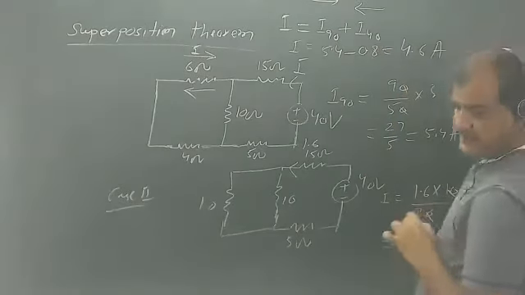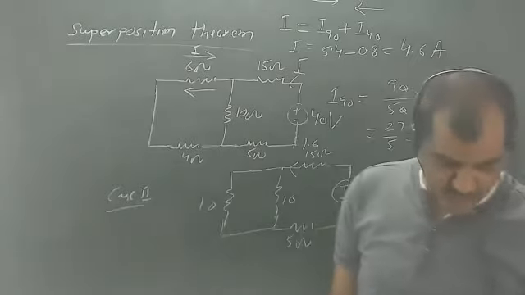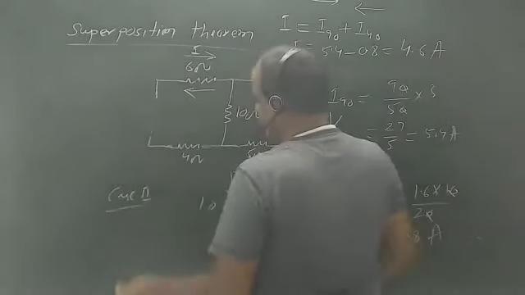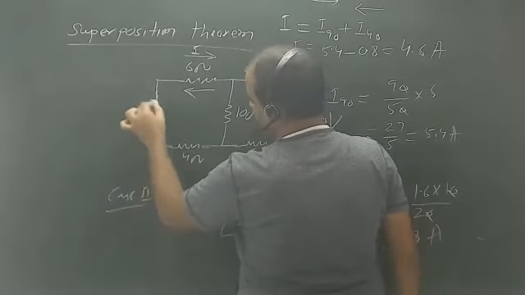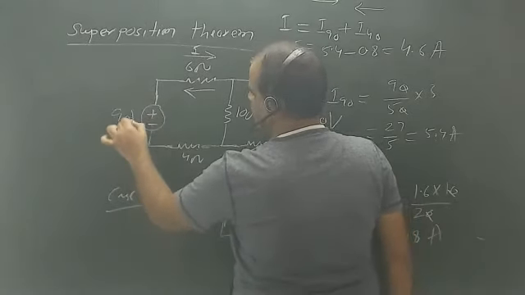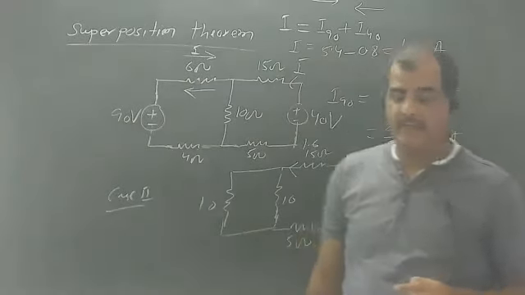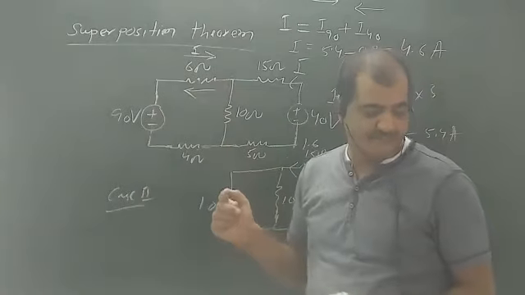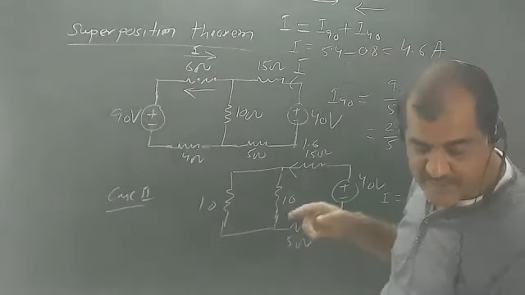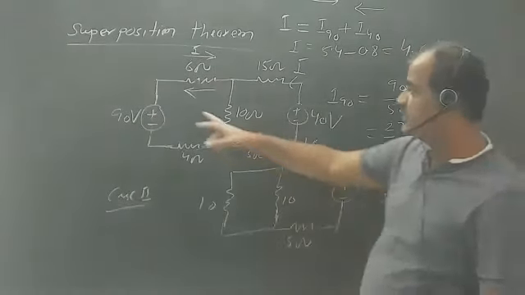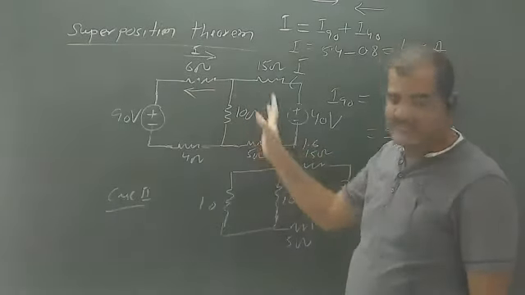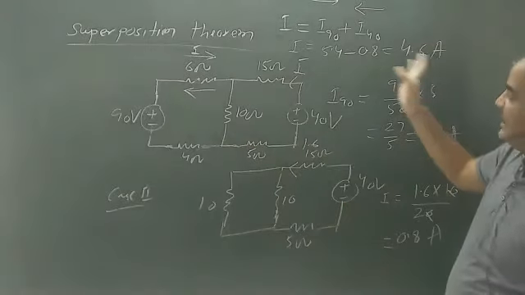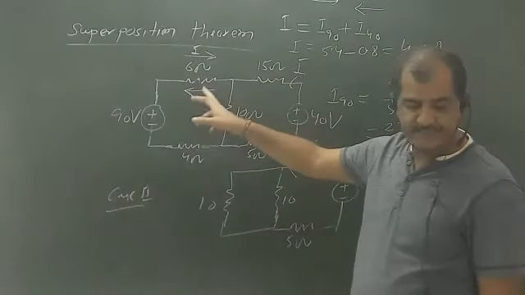Okay, so this is your superposition. Now I want you to solve this circuit by mesh analysis. Then your answer will be checked, right? You are asking many questions now, not knowing whether the answers are right or not. So now you have to solve this same question by mesh analysis, and find whether you are getting the same answer or not for this current.